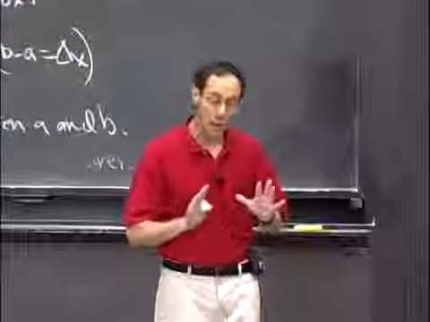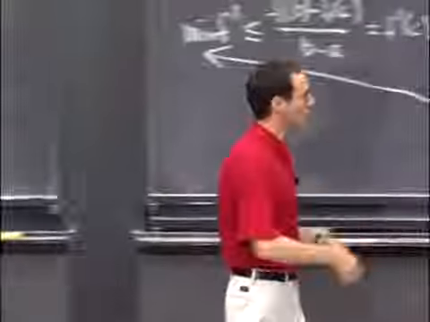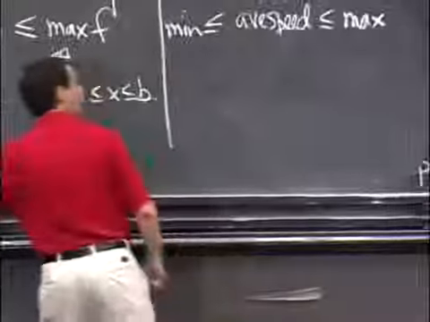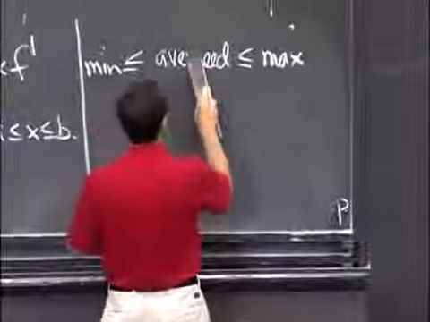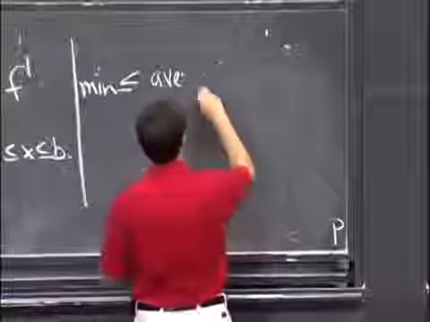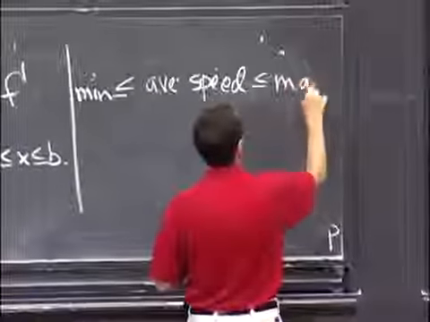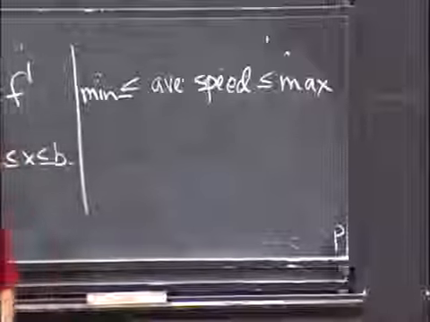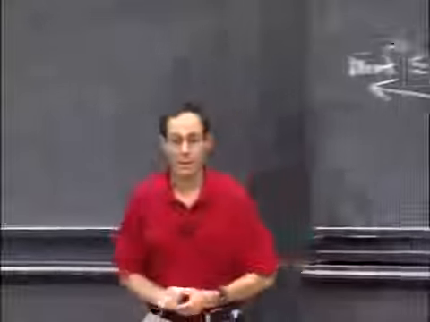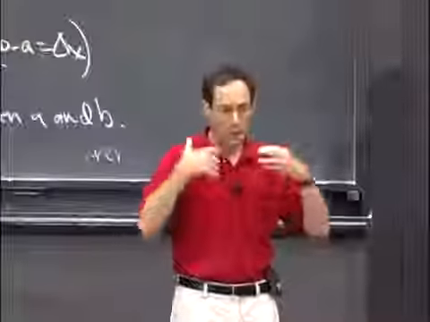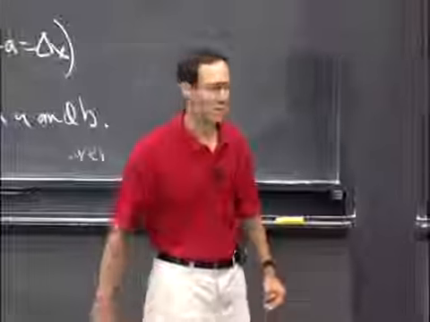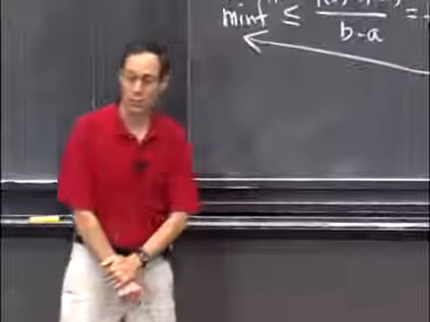For sure, that's something, and that's why, incidentally, this wasn't really proved when Newton and Leibniz were around, but let's write this so that you can read it. Average speed is between the max and the min. But nobody had any trouble. They didn't disbelieve it, because it's a very natural thing.